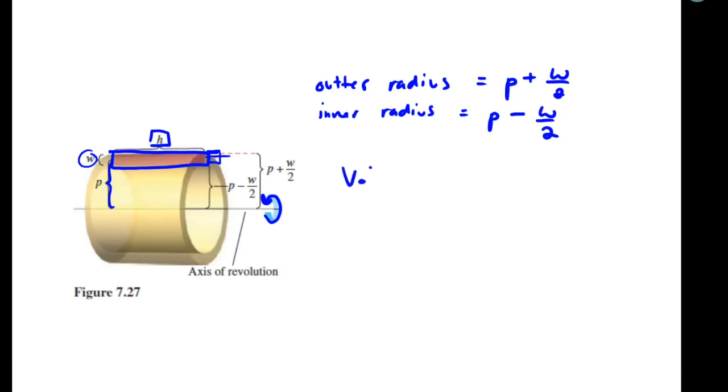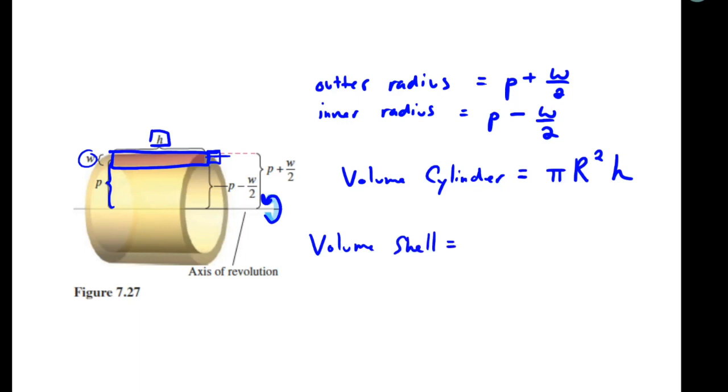Remember that the volume of a cylinder is equal to pi radius squared times height. And from that, we can get the volume of the shell as just the volume of our cylinder, so the outer radius, minus the volume of the hole, which would use the inner radius, right?